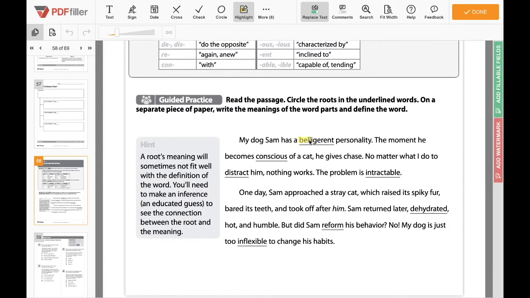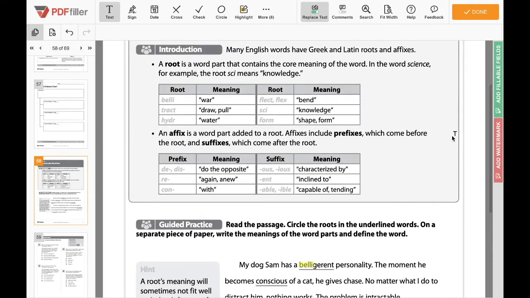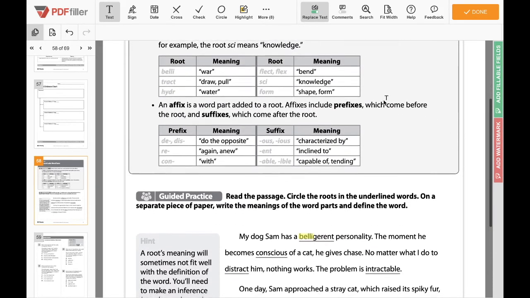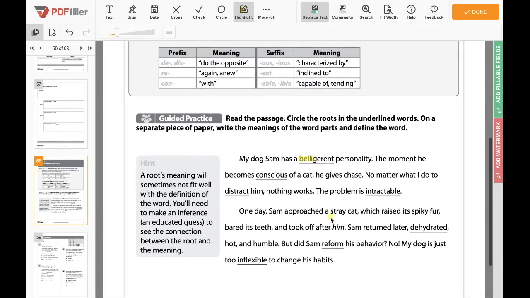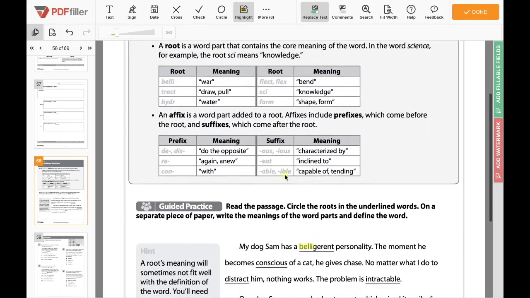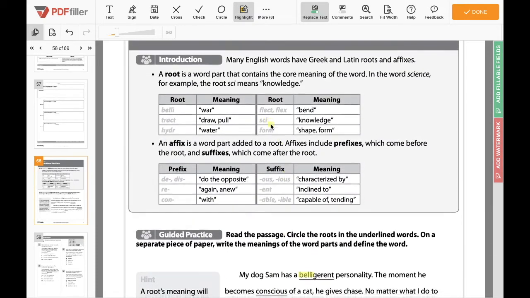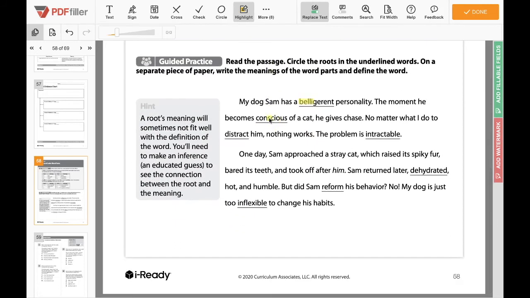You can circle it, highlight it, whatever works best for you. The moment he becomes conscious. Even this one tripped me up a little bit. In the word conscious, a root is not necessarily at the beginning or the end, but we see the SCI, which means knowledge, and we see it here as well.